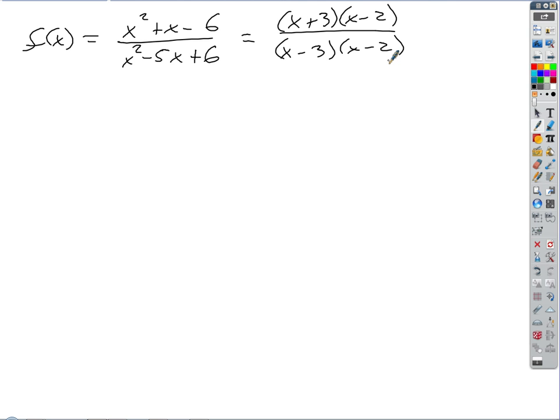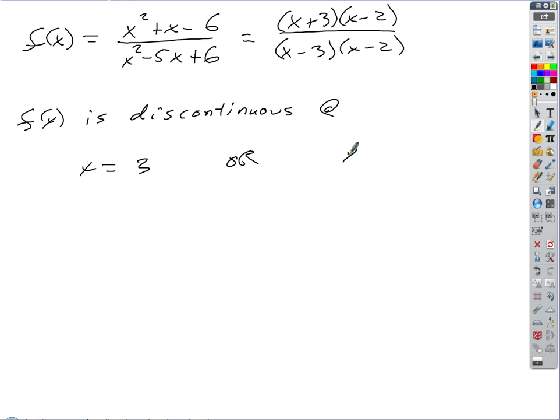So where is it discontinuous? Negative 3? Well, no, positive 3 and positive 2. Okay, good. So f of x is discontinuous at x equals 3 or x equals 2. Describe those discontinuities for me.